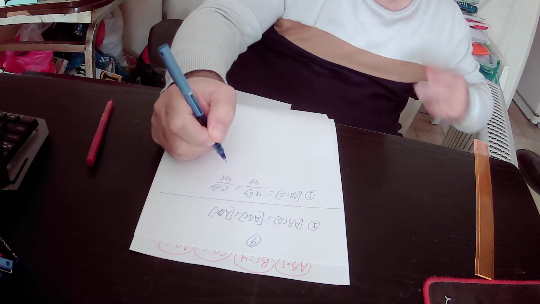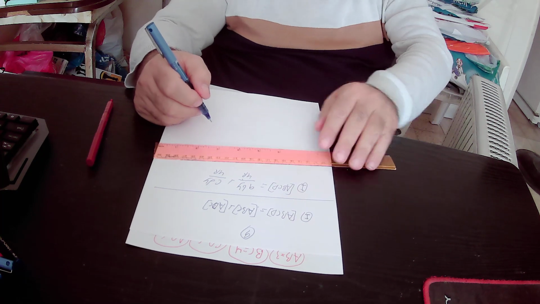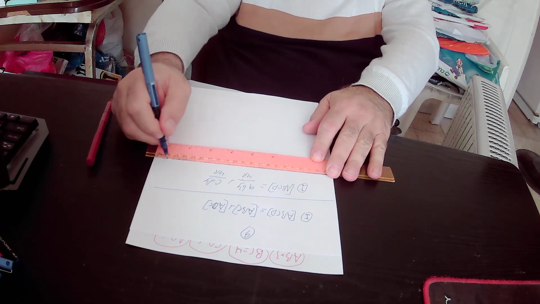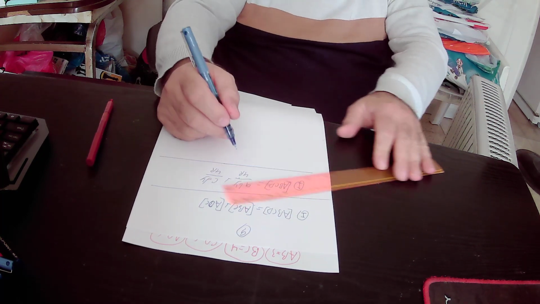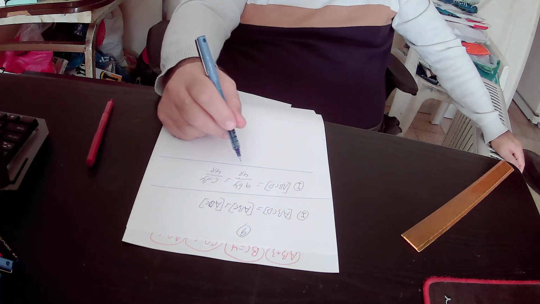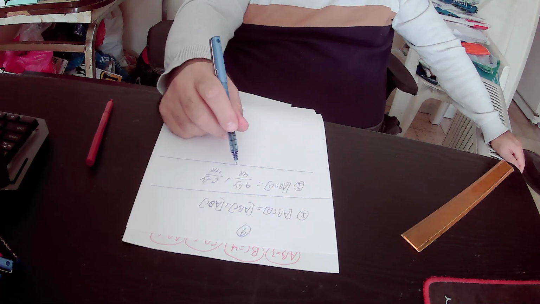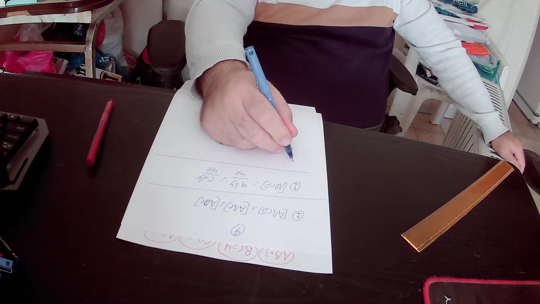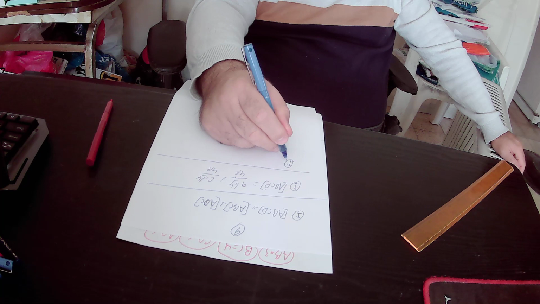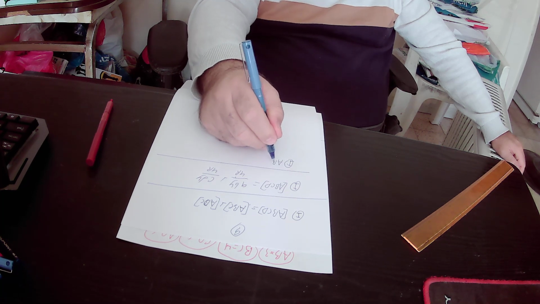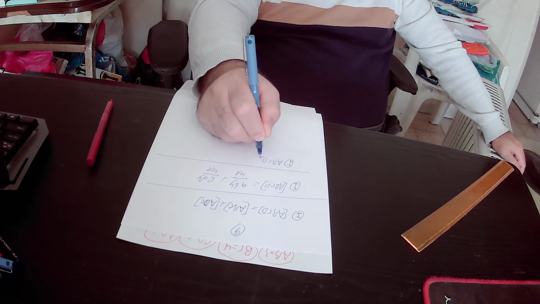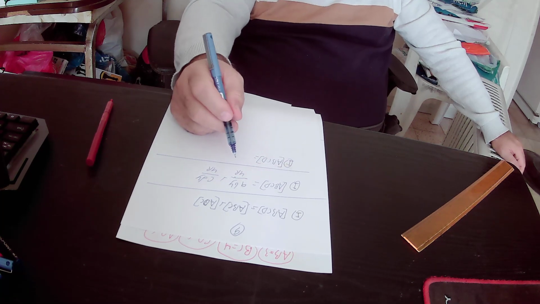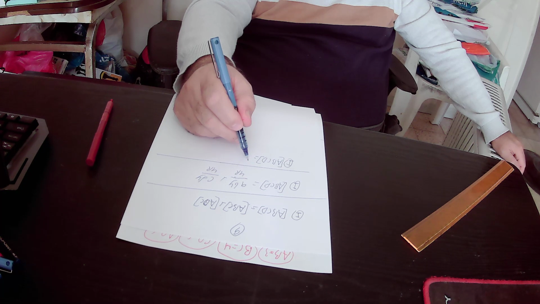Okay, so we will take Y over 4R as a common factor of those two expressions, and we will get that the area of quadrilateral ABCD, according to equation number 1, equals, so we took Y over 4R as a common factor.